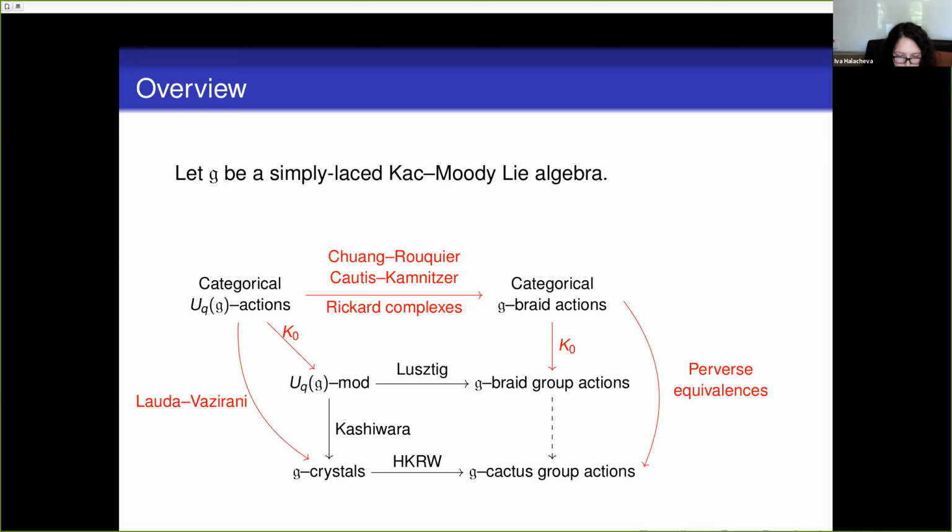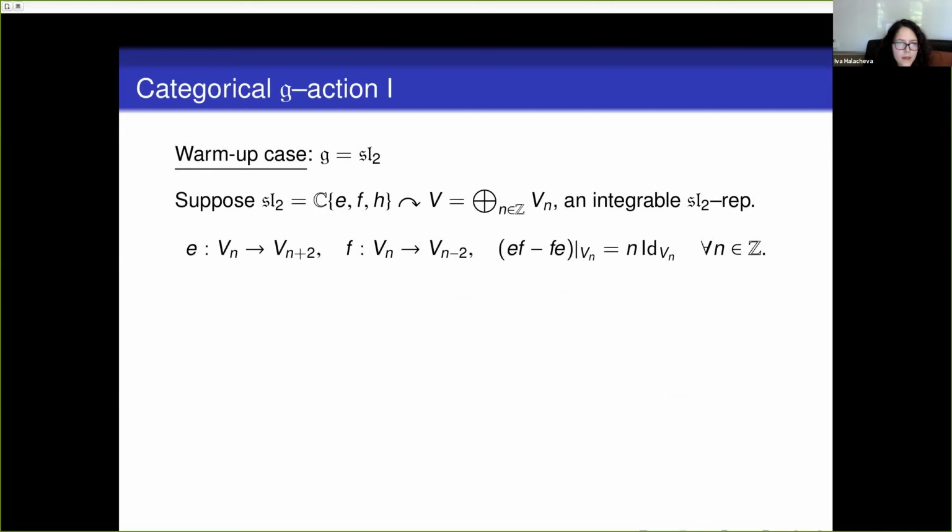So let's start with a little bit of a warm-up, just considering one of the simplest Lie algebras, SL2. Let's work over the complex numbers, with basis E, F, and H. This is acting on some integrable representation, so a vector space graded by the integers, and we have the linear maps E and F on the weight spaces.